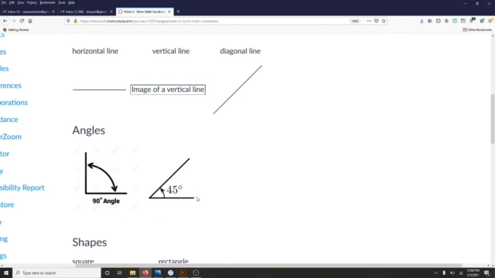And then this one is showing a 45-degree angle. You might see that angle on a roof of a building, like a house. And there's lots of other angles. These are just a few.